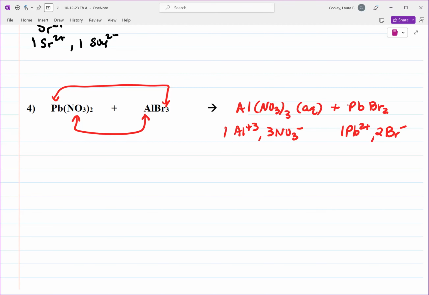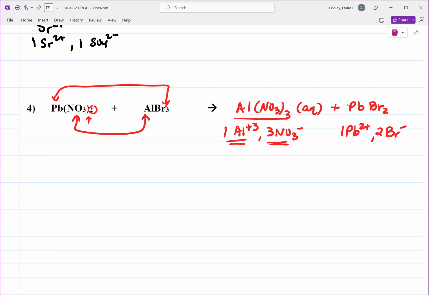Isn't it 2 NO3? It's 2 on this side. You see, you can't use that to make a judgment about what that formula is. You have to use the ions to make a judgment about what that formula is.